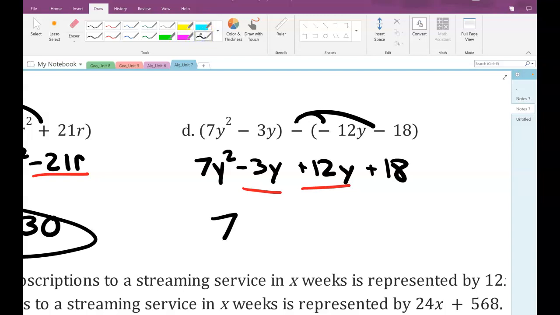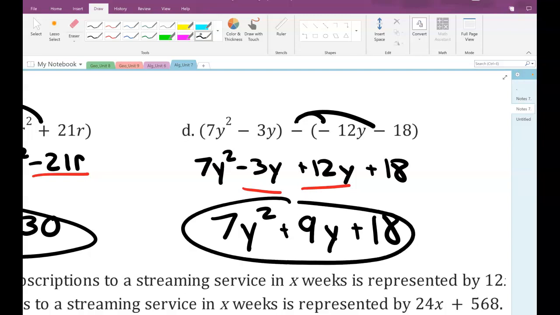So we have 7y squared. This would be plus 9y plus 18 as our final answer. So this is a trinomial degree 2 with a leading coefficient of 7.